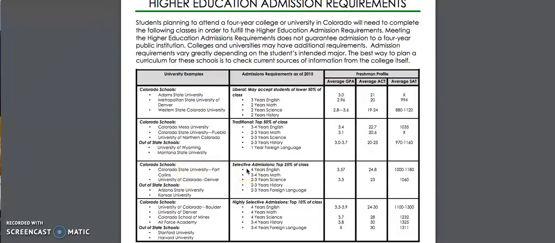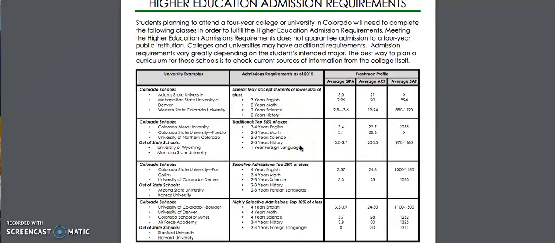It's in the top 25% of selective schools. So they're looking for basically what we offer. It's in line with our graduation requirements. 4 years of English, 3 to 4 of math, 2 to 3 of science, history. Here you can see this is where that foreign language comes in, and is really important because depending on how selective a school is, it may not require foreign language at all.